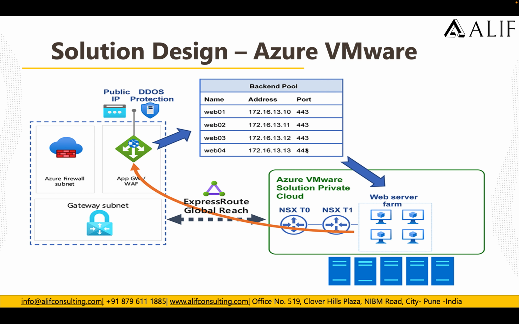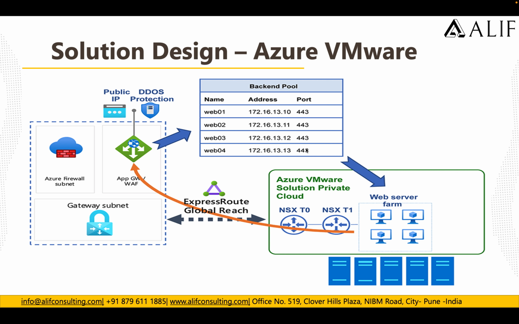Now, if you go to the actual architecture, that's how their VMware running on Azure is connected with the on-premise. They have a VMware solution running on a different network, and then they have other landing zone resources running on a different network.